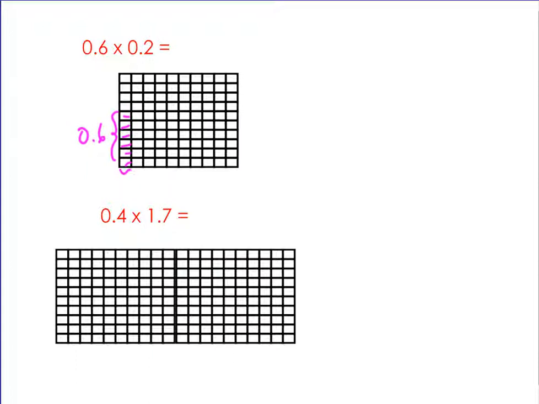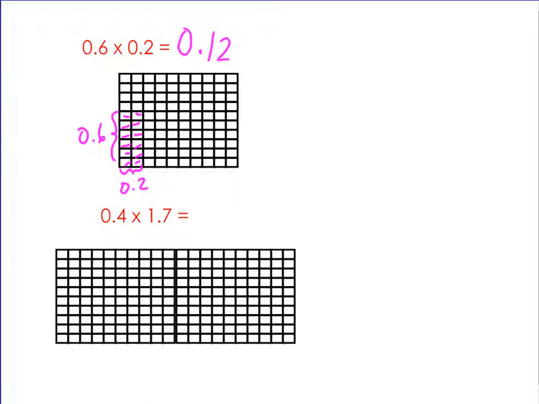So 2/10 would be going this way, 1, 2 going across. And that would mean I need to color all the way up to here. 6/10 by 2/10 is only going to be that amount right there. If I counted every square, I would end up with 12 squares shaded in. That's 12 out of 100, which is 12 hundredths.